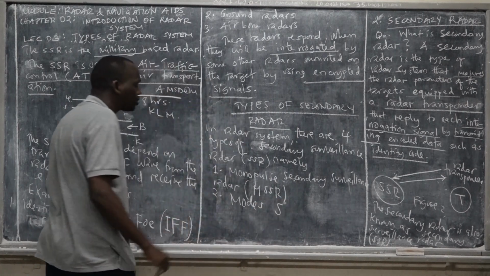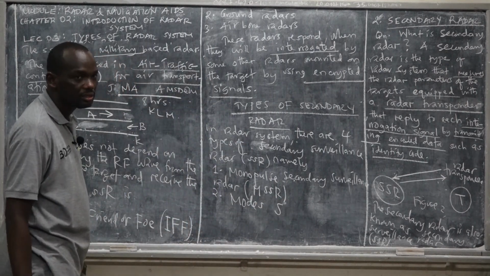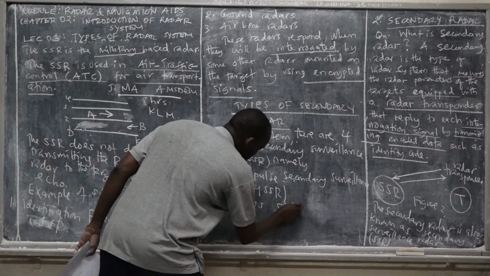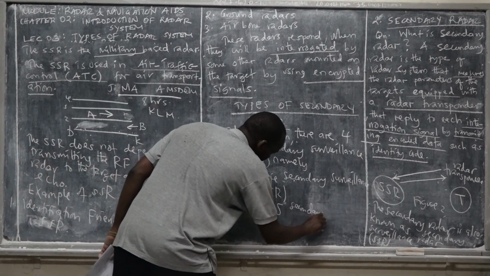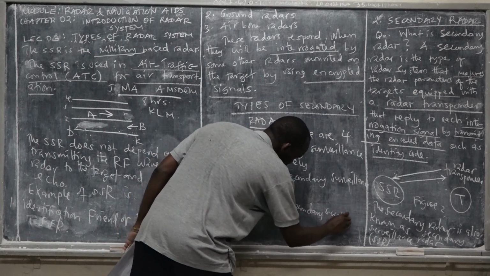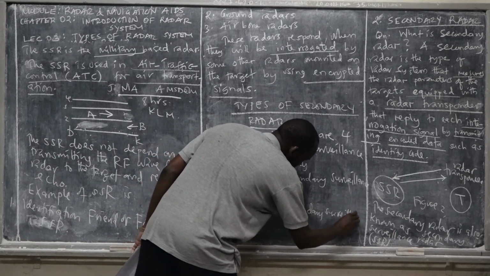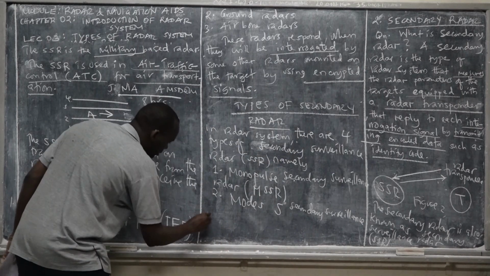The second type is called Mode S secondary surveillance radar.